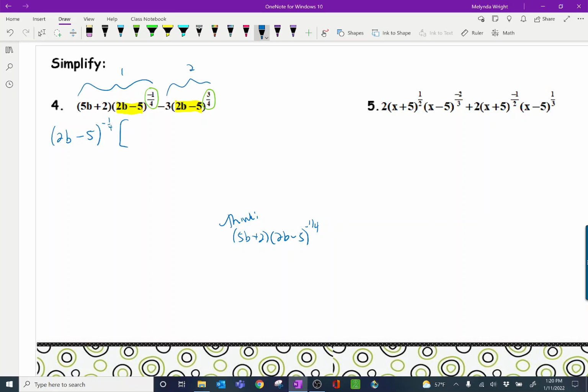All right, so I'm dividing or factoring out that 2b minus 5 to the negative 1/4. And these match perfectly and are connected by multiplication, so they go. So the first term, I would simply have that 5b plus 2. Okay, great. Let's work on the second term. This subtraction comes down, and the 3 comes down.